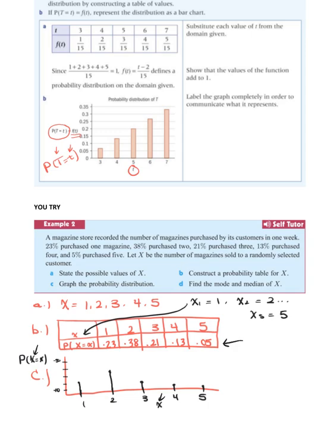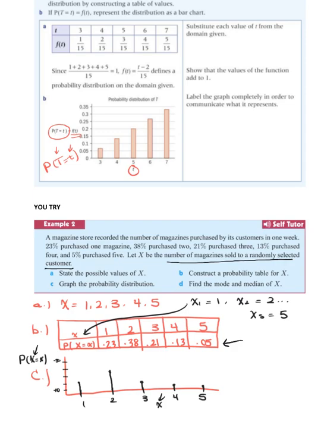And now I want to find the mode and median. Now, really quickly here, remember, as we discussed previously at the beginning of the notes, that a discrete random variable is a result of a random process. Notice that the random process here is that you are selling magazines to a randomly selected customer. That's the random process that needs to take place for this particular problem.